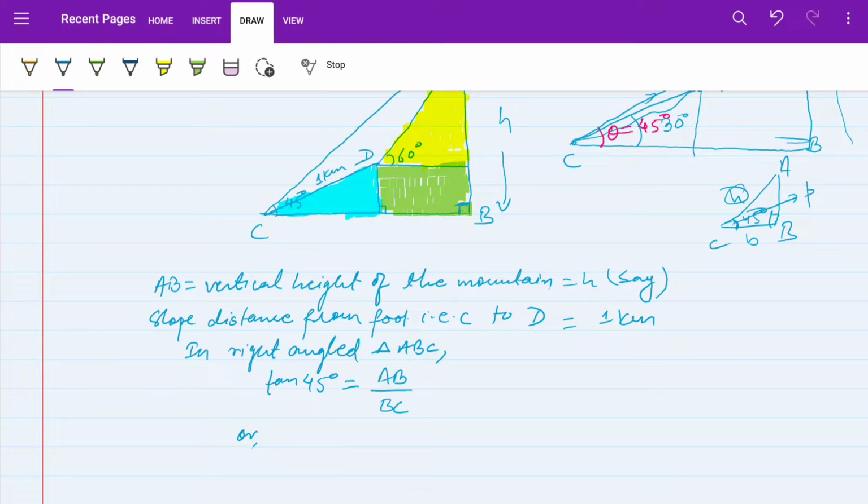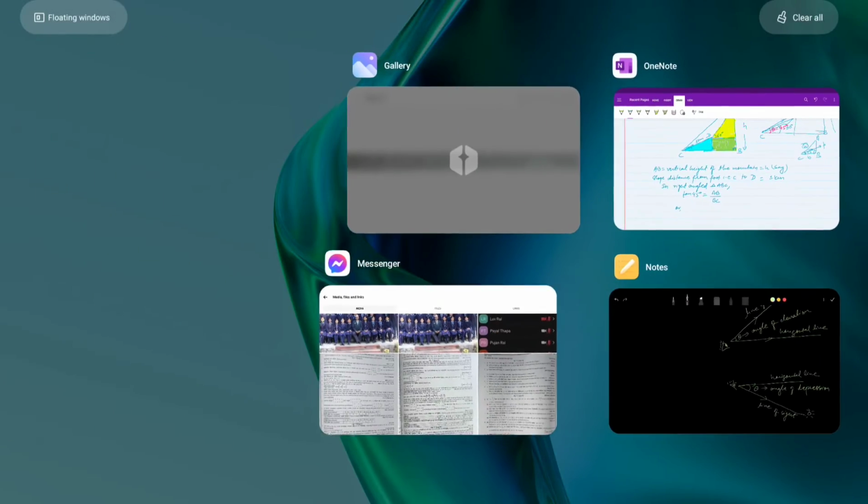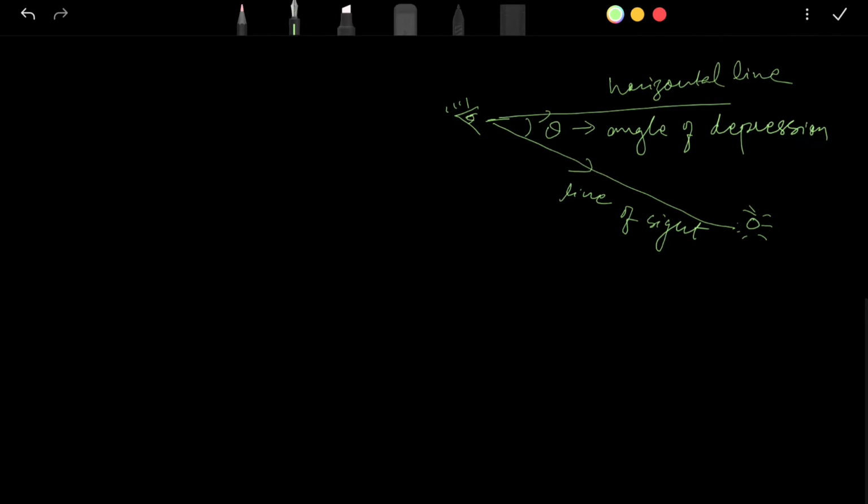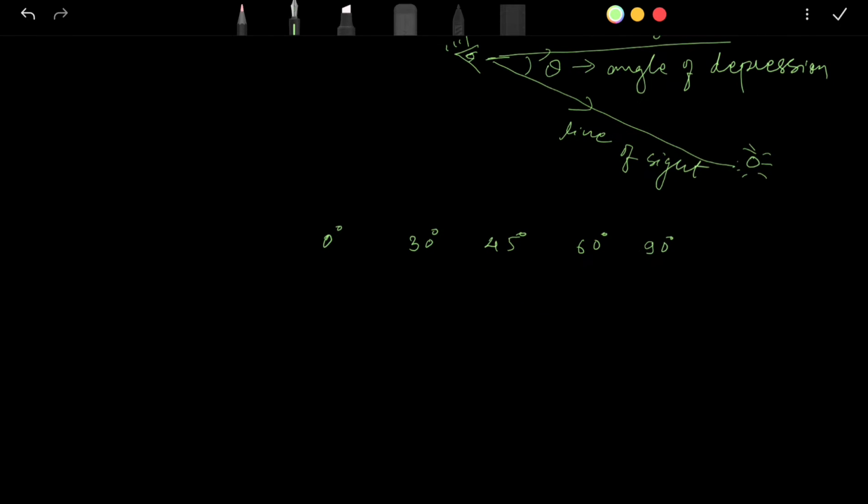So we have to remember some basic values of trigonometric ratios. Let me explain that as well. There is an easy way of remembering this. We write 0 degrees, then 30, 45, 60, 90. Now we write 0, 1, 2, 3 and 4.